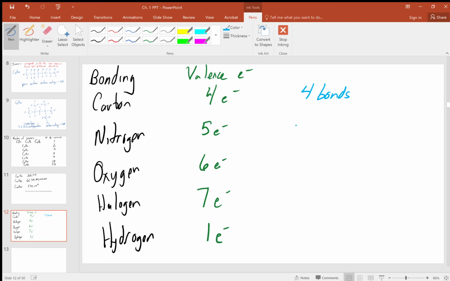Nitrogen has 5 valence electrons, and therefore needs 3 more. So in its normal state, nitrogen will form 3 bonds and have 1 lone pair.